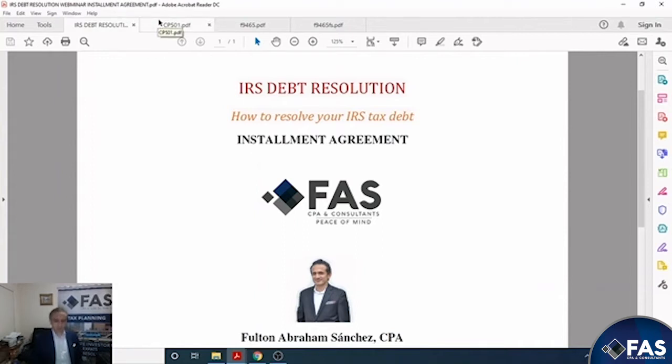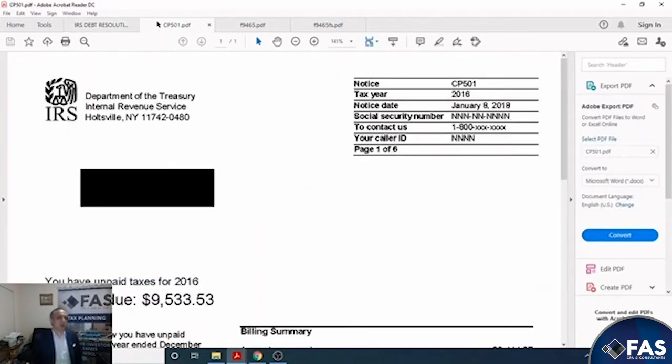There is a series of letters that the IRS will send to taxpayers, advising them that there is a discrepancy between the amount of income reported on their tax return and the amount of income and forms that the IRS has received from employers, contractors like from 1099, from employers from W-2s, from banks when there is interest, 1099 interest, or even dividends, 1099 dividends.